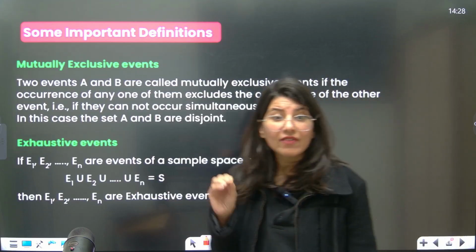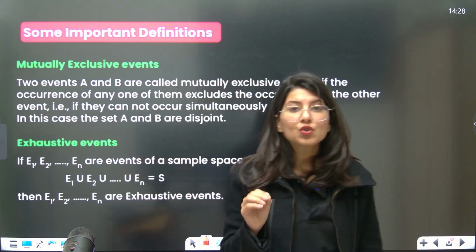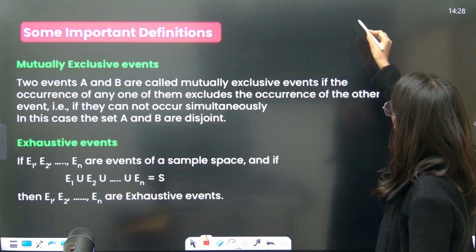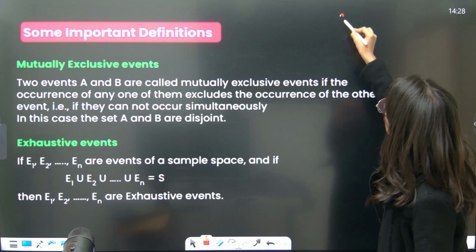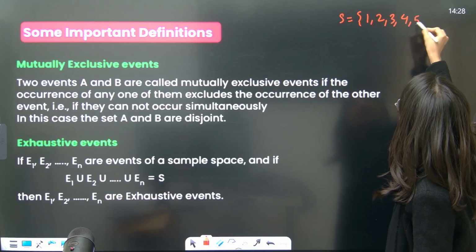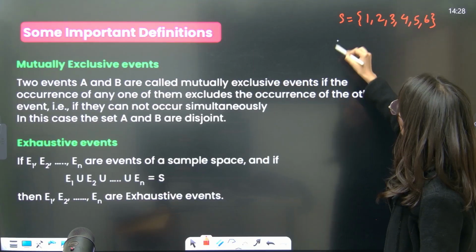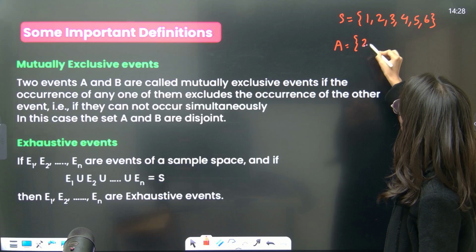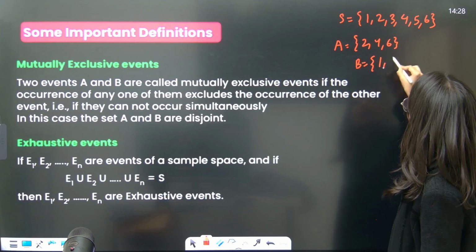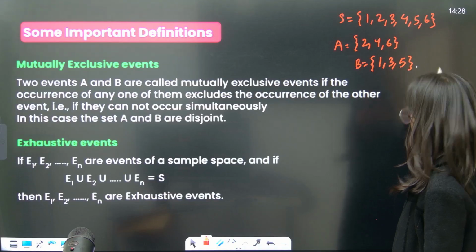Now some very, very important definitions. Mutually exclusive events. Okay. Very, very important. Suppose again, let's take the example of a dice. Sample space 1, 2, 3, 4, 5, 6. Now there is an event A which is getting an even number. There is another event B, getting an odd number. Okay.